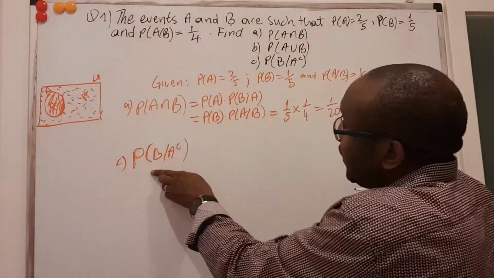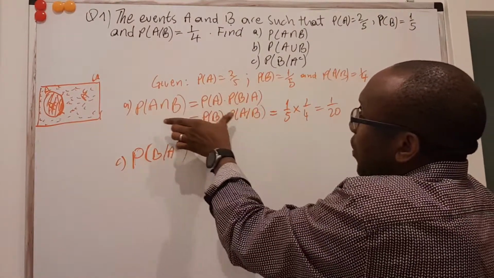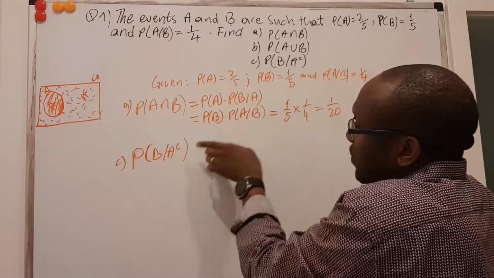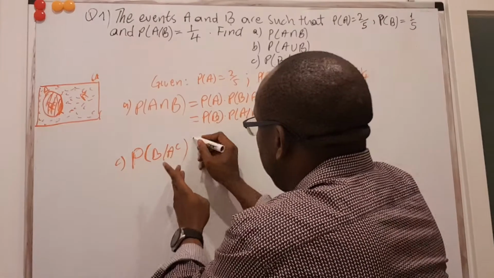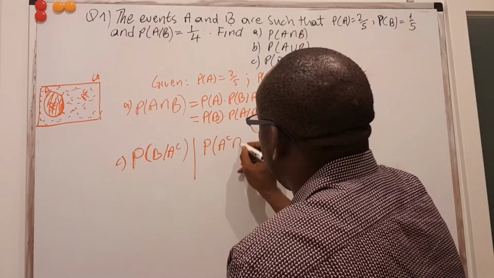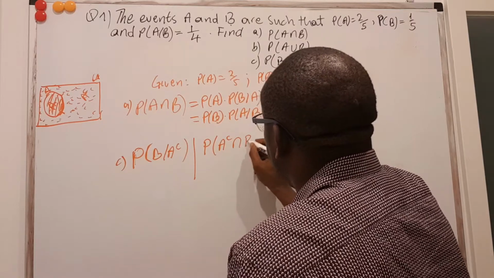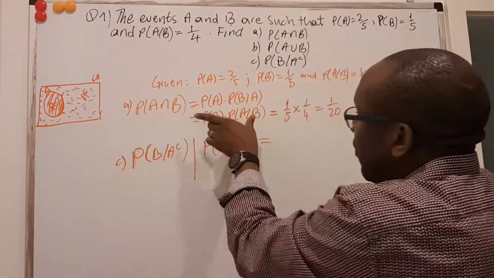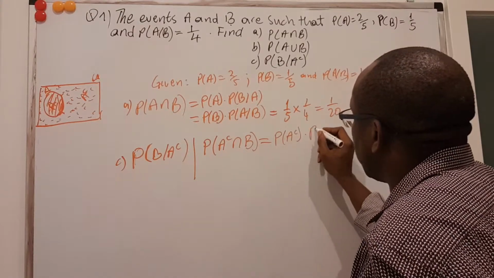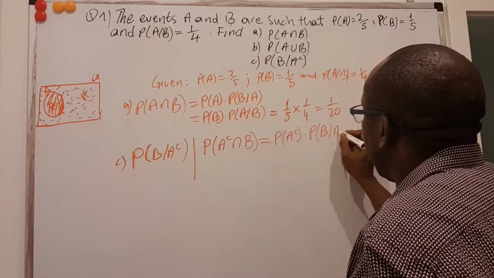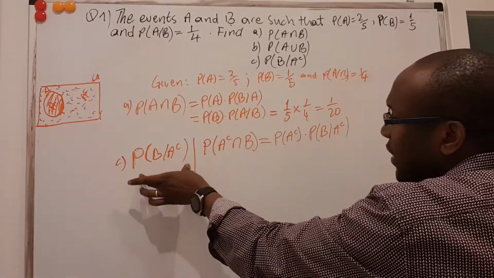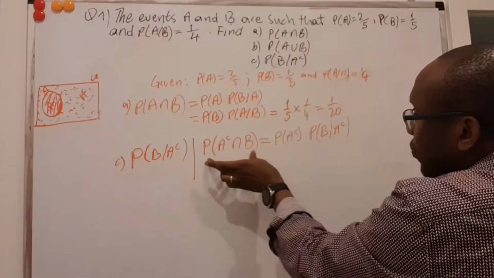So if you look at this and look at this compound version that I showed you, you see that they have some relationship. You see part of this looks like this. So if I have the probability of A complement intersection B, then I can write it as a compound probability as P of A complement times P of B given A complement. So based on this, I can fix it, because I need this one, I don't want this one.